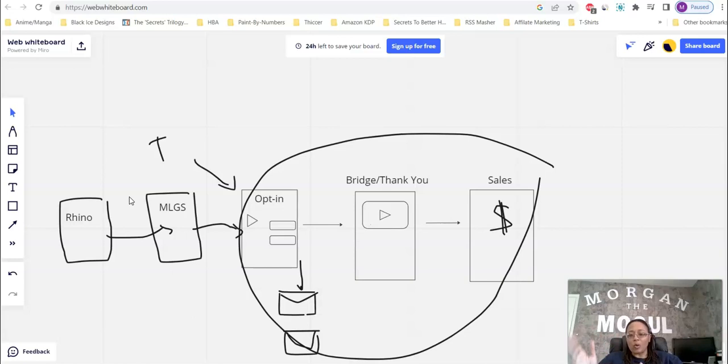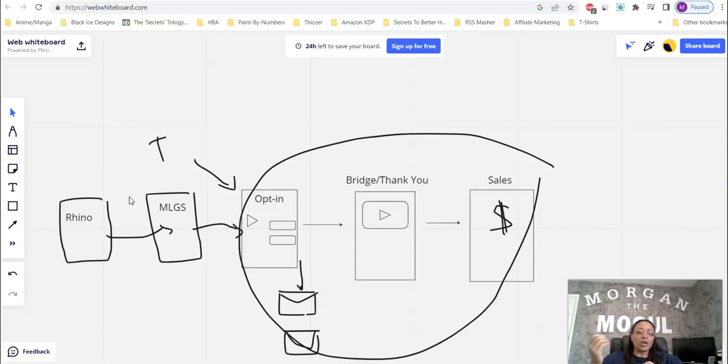The only thing my partner and I have done is create an automation system that we're calling RhinoBot that automatically, at the same time every single day, sends out an email through My Lead Gen Secrets. We found the problem with My Lead Gen Secrets is being able to send emails at the same time every single day, no matter what happens, no matter what gets in the way, no matter what you've got going on in real life.